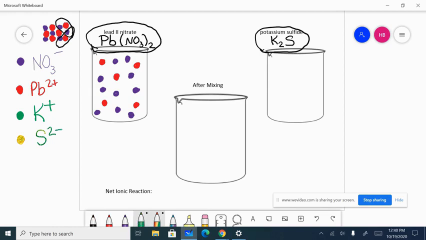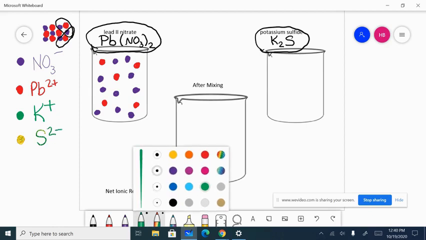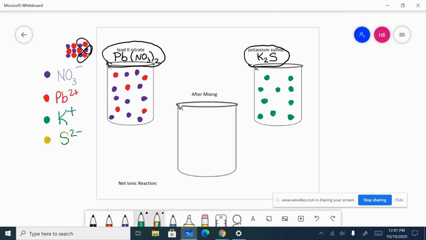Now I'm going to go over and do the same thing with potassiums. There's going to be 2 potassiums for every 1 sulfide. So again, when these were solids, they had high melting points, high boiling points. And when you put them into water, they do not melt. They do not change states of matter.